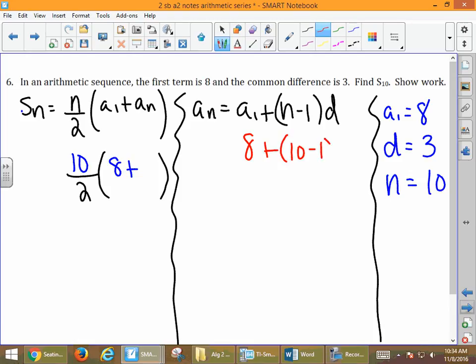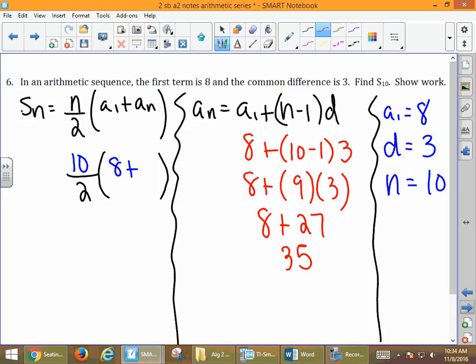So a little bit different approach there, but as we fill this in, it's going to be 8 plus 10 minus 1, n is 10, times 3. Again, you can type that in your calculator, but I think I can do it faster without. 10 minus 1 is 9. 8 plus 27 then is 35. And once we combine that, we can put the 35 back over here.